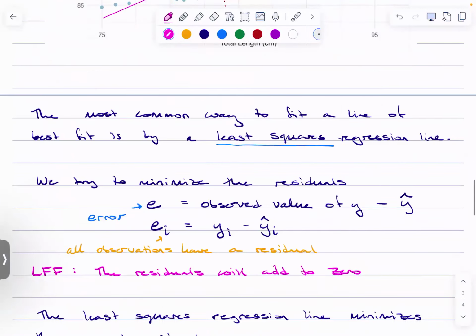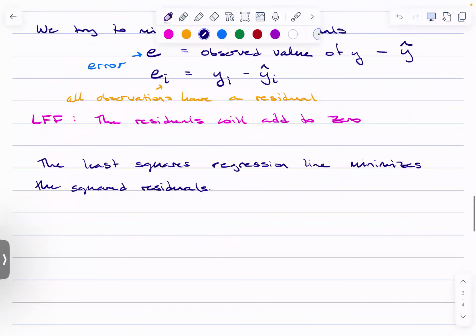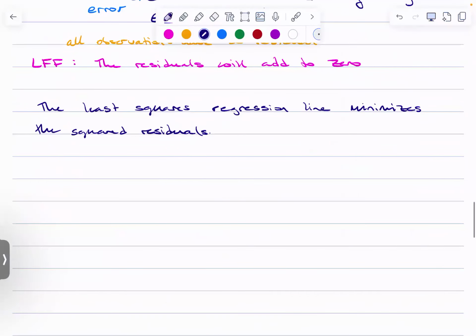And so really what we're doing is minimizing the squared residuals. Large residuals are amplified. If you consider an error of 1, then the squared residual would be 1 squared, which is 1.